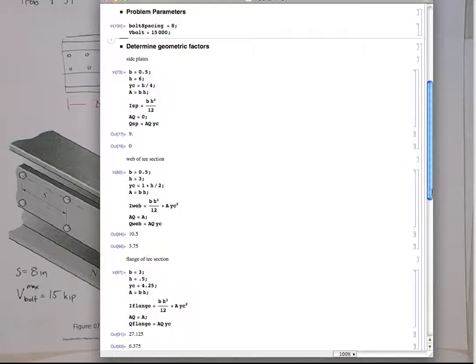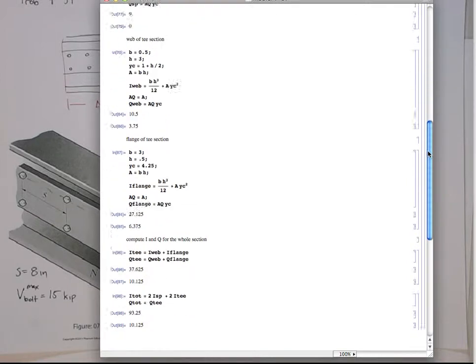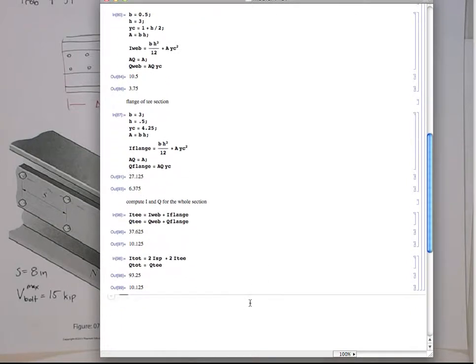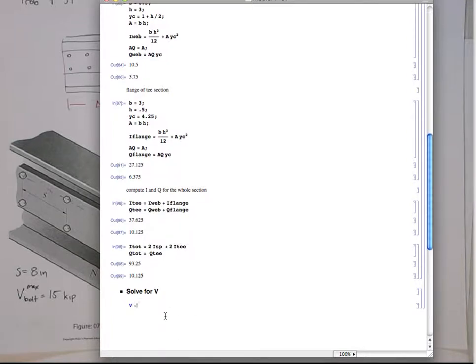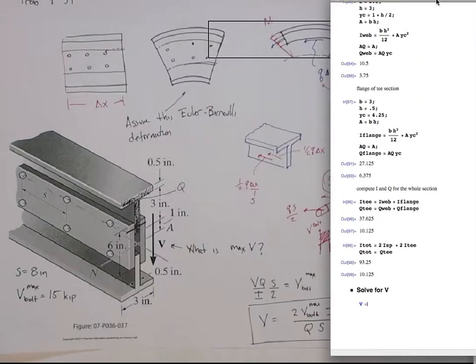So now I can, oops, what's going on here? Now we can solve for V. Okay, so we're going to use V equals, we'll use this equation, the one we derived just now.